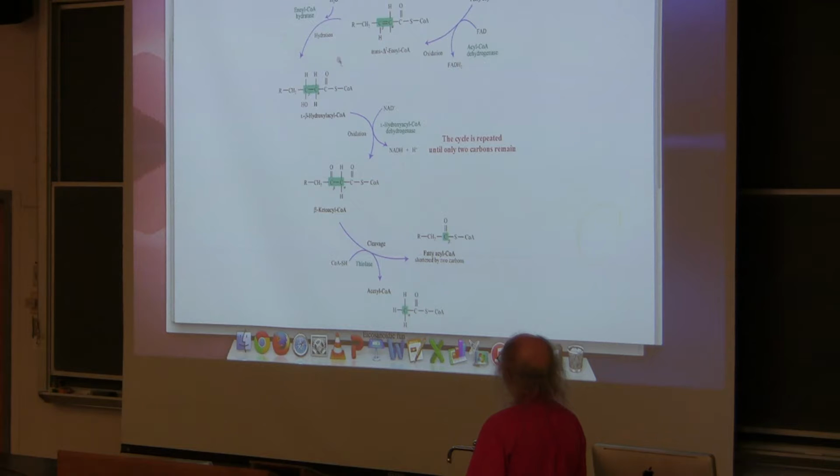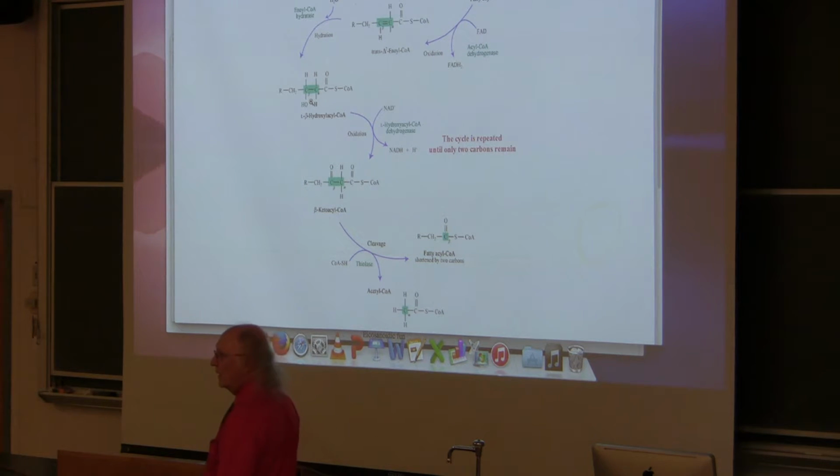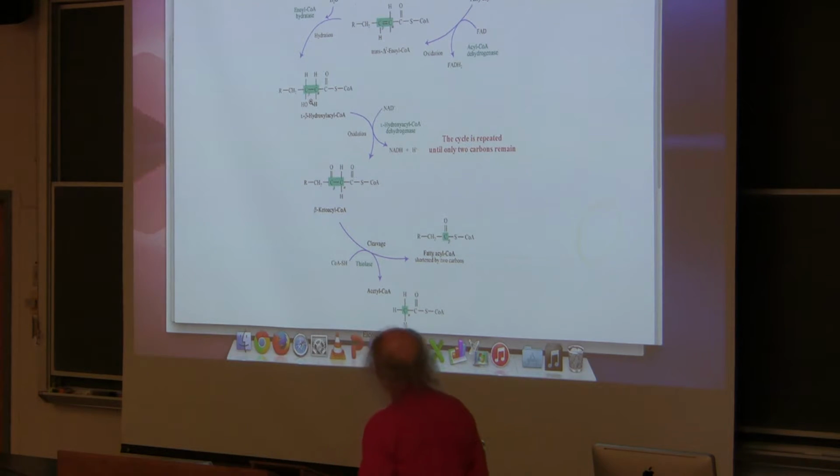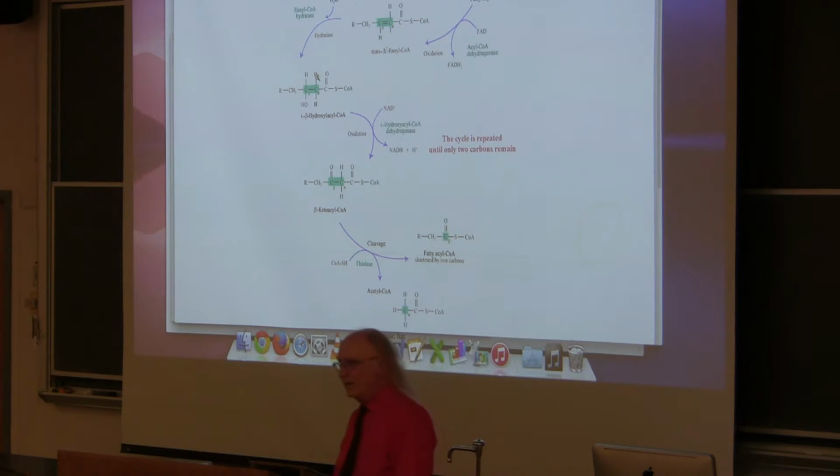The next step in the process, water comes in and adds across that double bond. And when water adds across the double bond, the hydroxyl goes on to position 3, and the hydrogen goes on to position 2 and leaves behind a single bond.